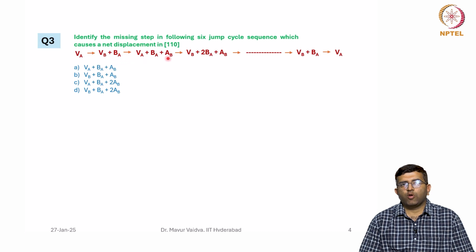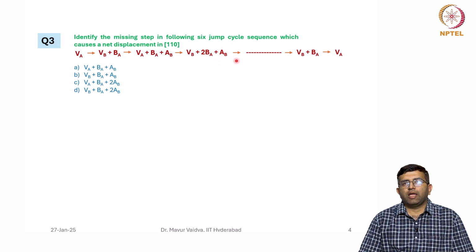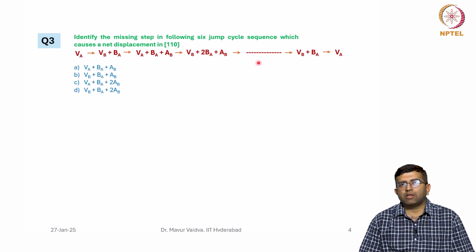This is followed by a couple of jumps, and in this atomic arrangement you have the vacancy on the B side, two anti-site B atoms and one anti-site A atom. After this, again the jumps happen to restore the order.